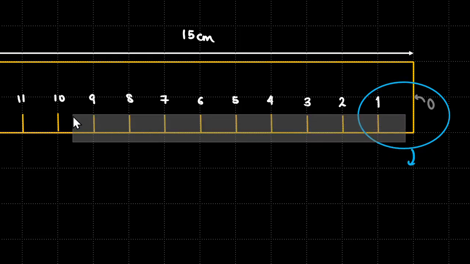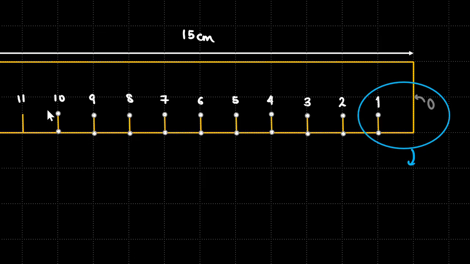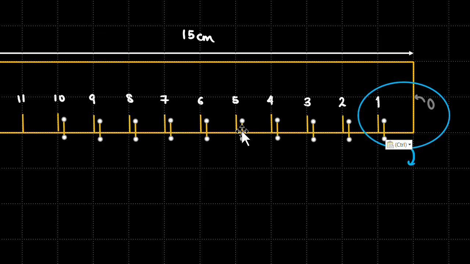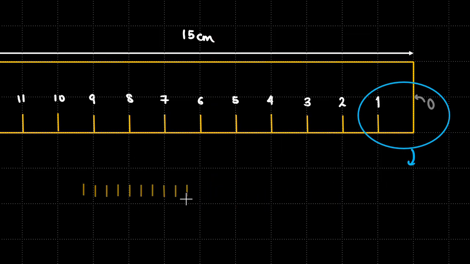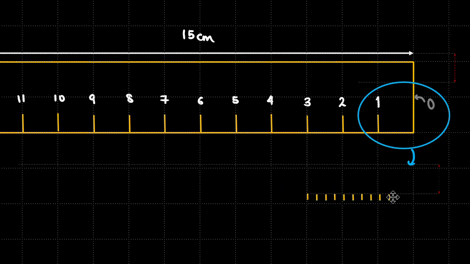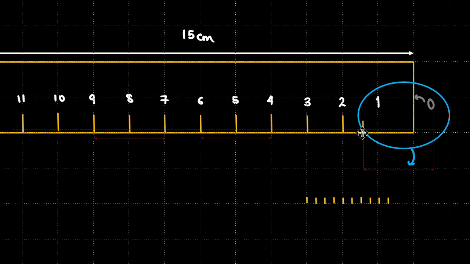I'm going to take the 10 divisions from here, copy them and group them to make them smaller. Let's copy one from there and move it over here. So if you look at a scale, it will probably look like this.